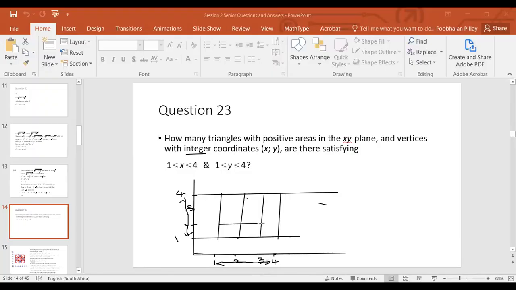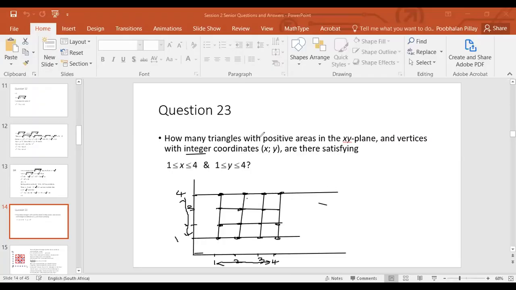So we are looking at those points with integer coordinates. It's just those points there. You're allowed to equal the boundary here. Equals 1, equals 4 is allowed in both cases, and they're integer coordinates. Finally, you have 4 points on each of those rows, so you have 16 points altogether.